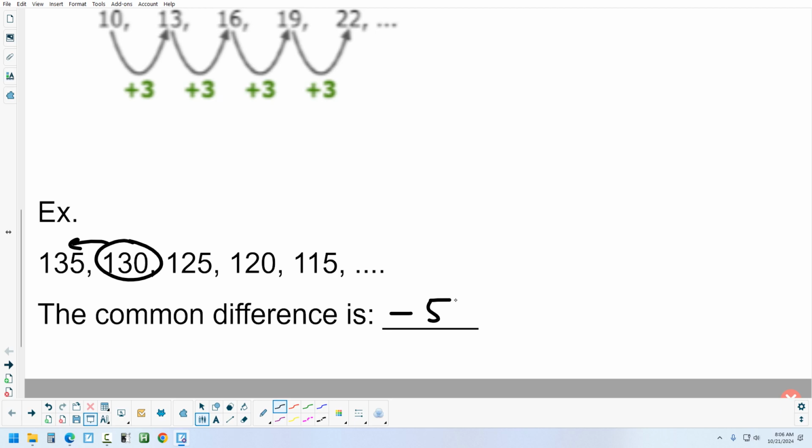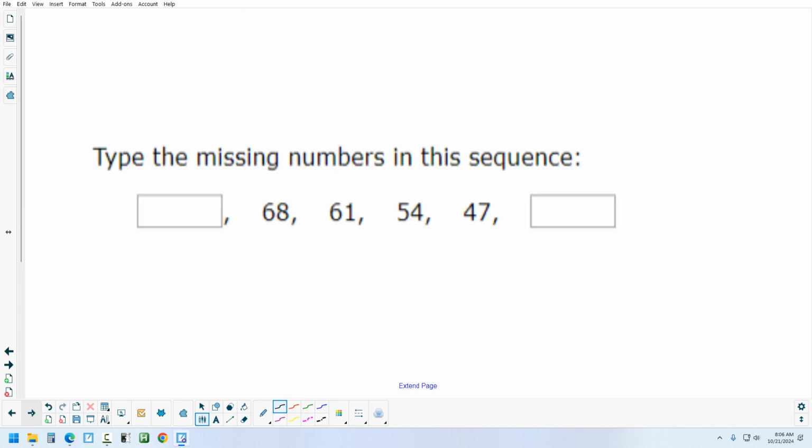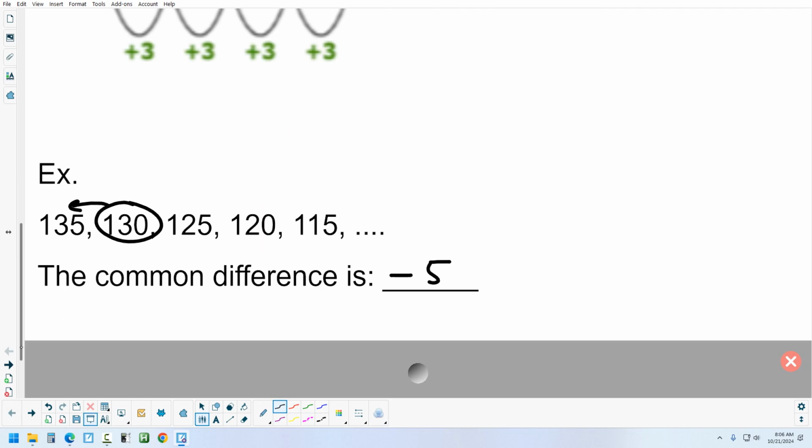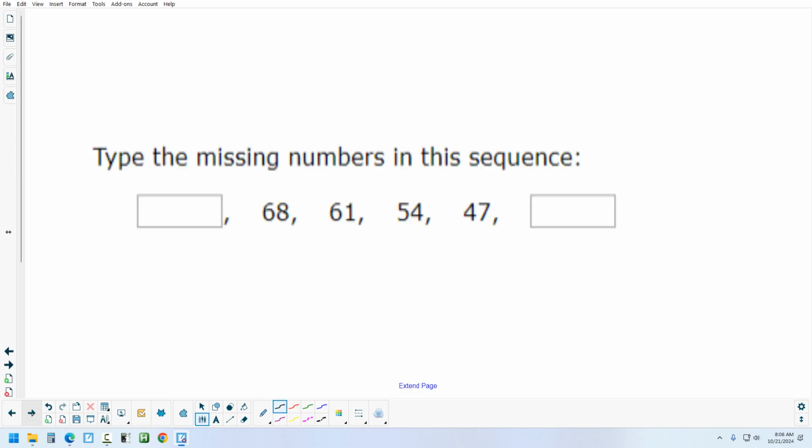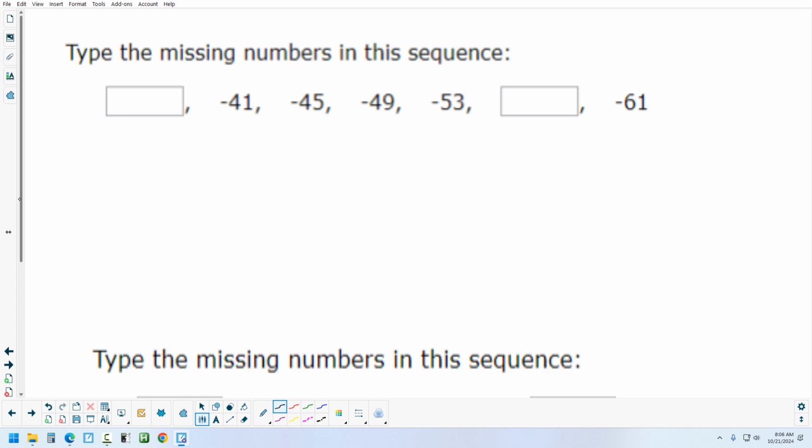Now we've got one that has a couple blanks in it, and they basically want us to fill in the missing blanks. So the first thing we'll figure out is the common difference.